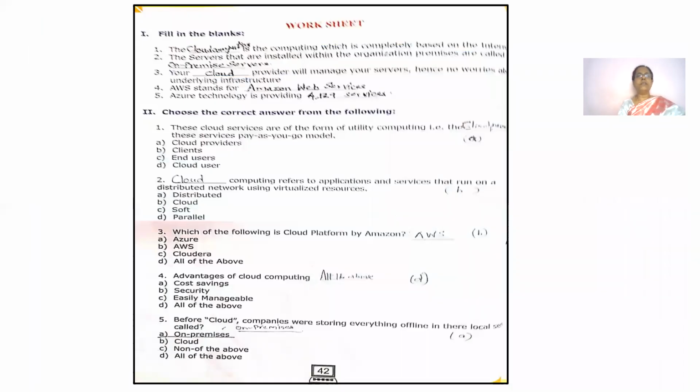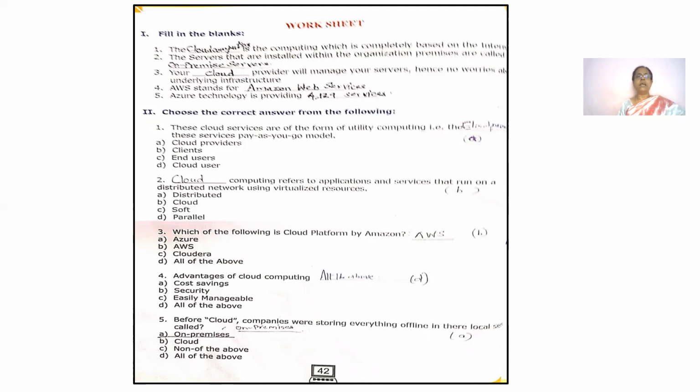This is your worksheet. The first says cloud computing is a completely internet-based service. Then the services that are installed within an organization, what are they termed as? They are called on-premises servers, and the thing that provides and manages your service is the cloud. And AWS stands for Amazon Web Services.